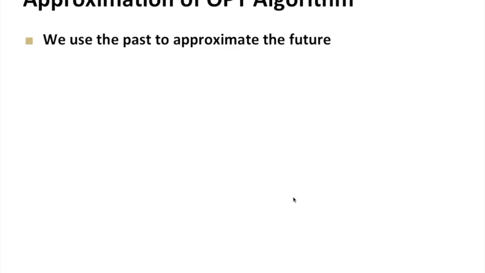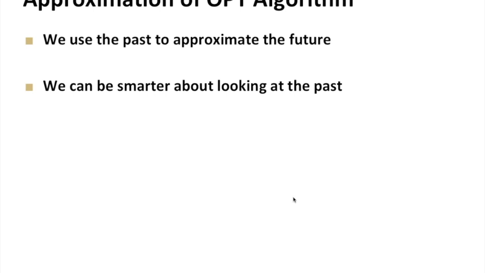But originally, we were looking for an approximation to OPT. And we were using LRU as an approximation to OPT, and now we're doing an approximation of LRU. So we're getting a little bit further away. But in these approximations, we're using the past to approximate the future.